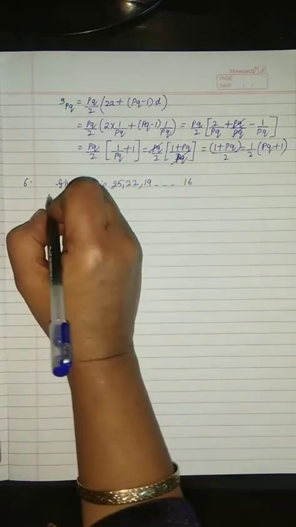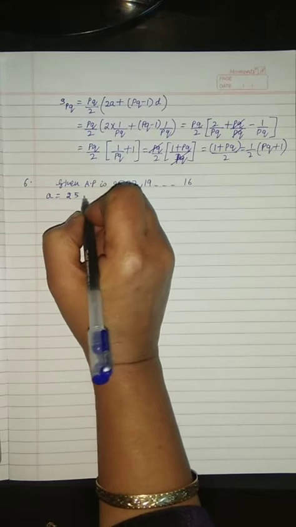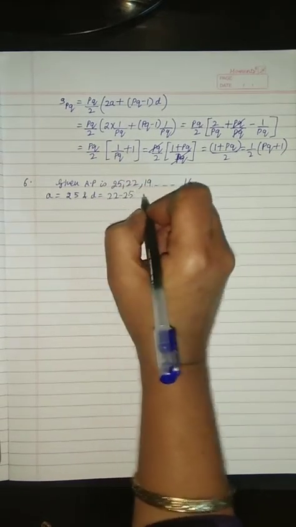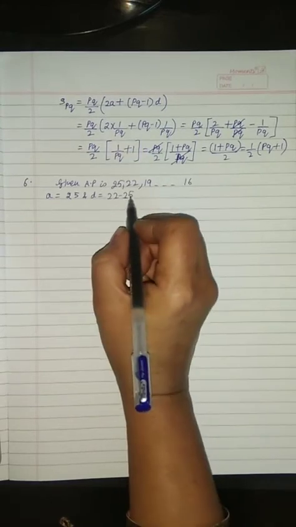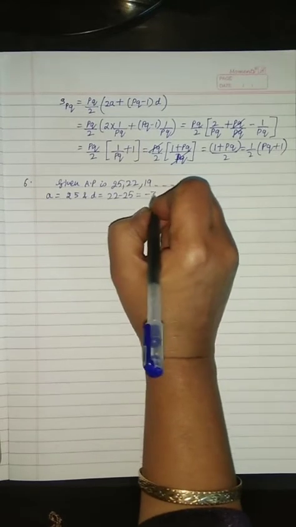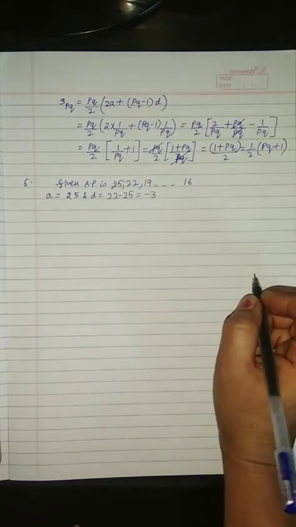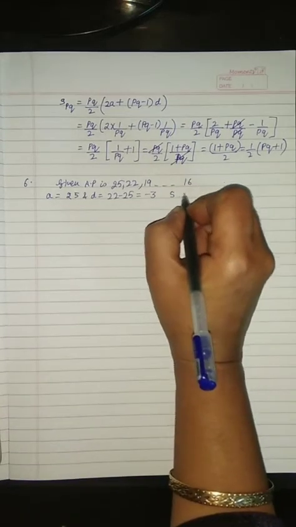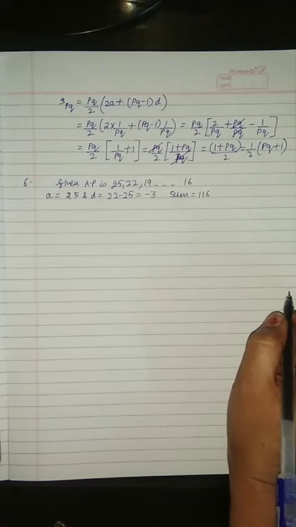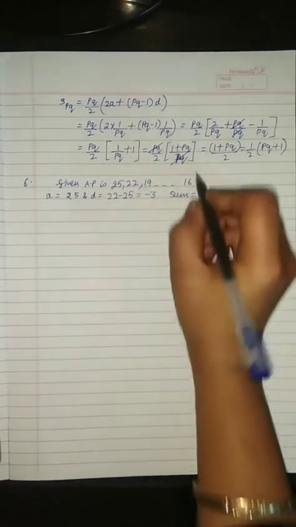Now here a is equal to 25 and d is equal to 22 minus 25, that is, the first term subtracted from the second term. So the common difference is minus 3. Now d is minus 3 and the sum is given as 116. Now we have to find how many terms form this sum 116.